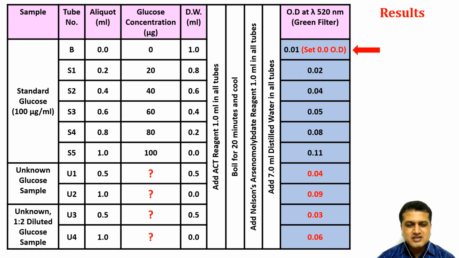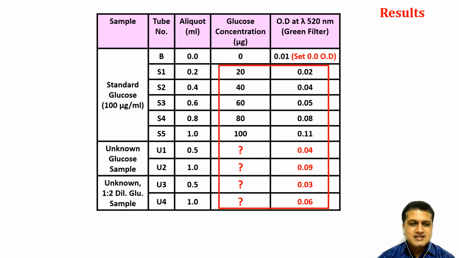To minimize the color of blank, take OD of blank tube, record it and then set 0.0 in colorimeter. Thus, we have OD of tubes S1 to S5 and U1 to U4.